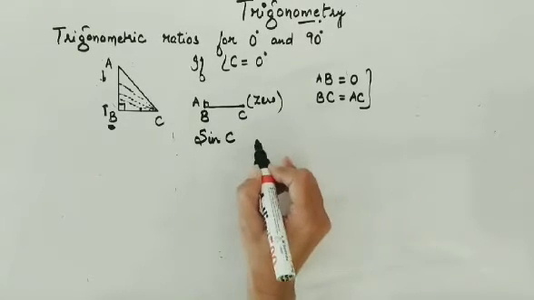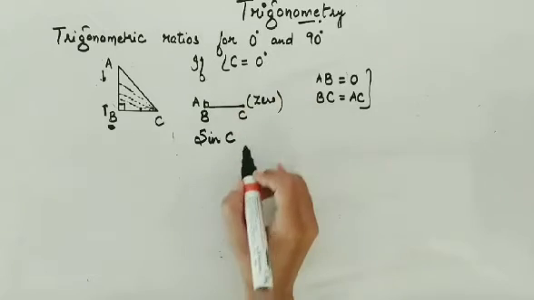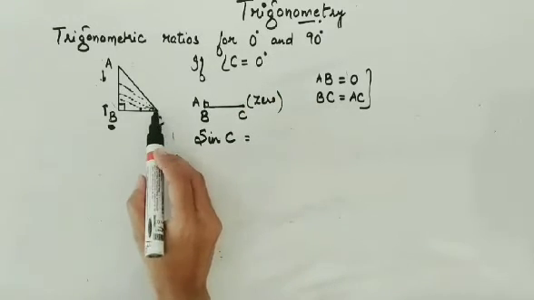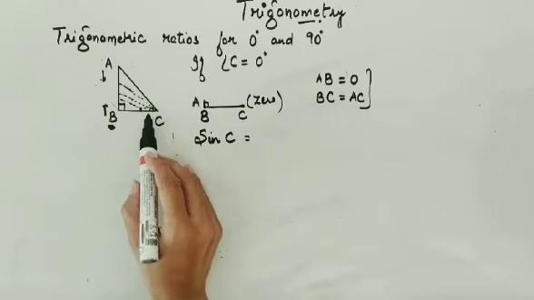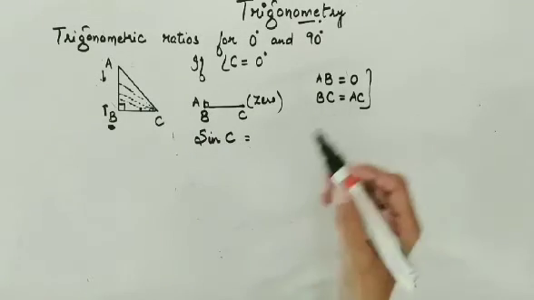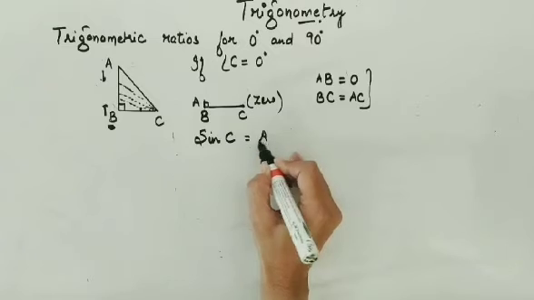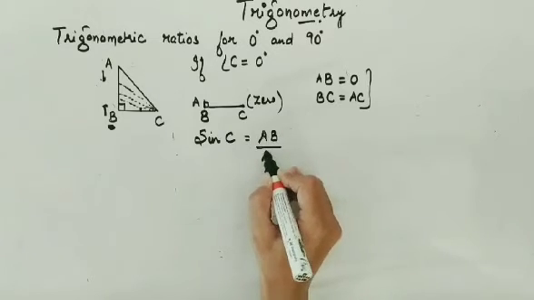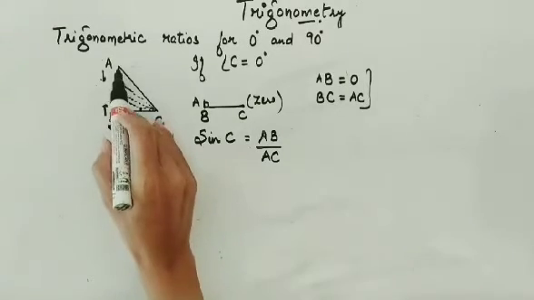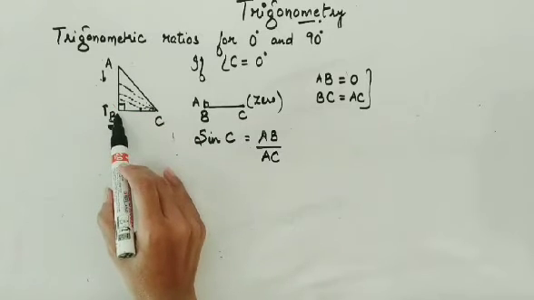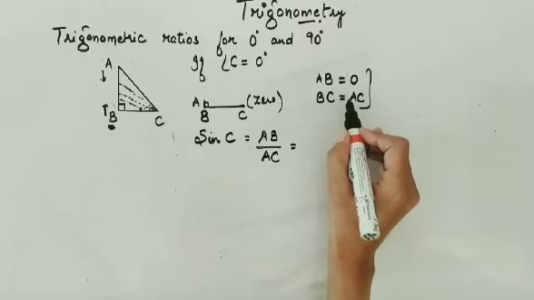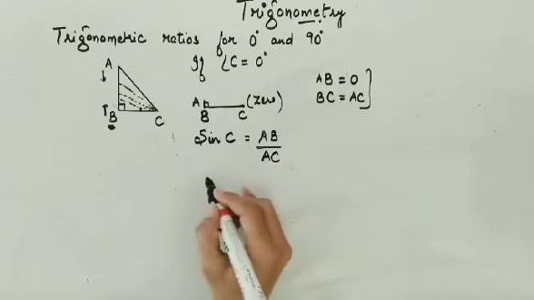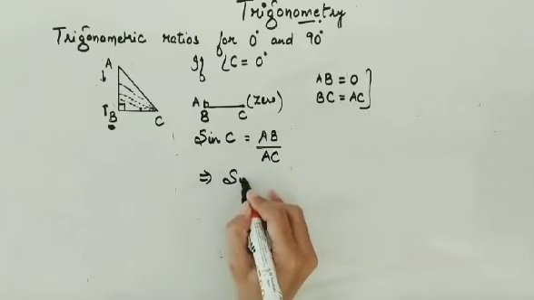If I say sine C, which is 0 degree, sine C means my angle over here has become 0, but the ratio of sides would be perpendicular by hypot. Perpendicular AB, hypot AC. Simply put the values. That implies, put all the values.